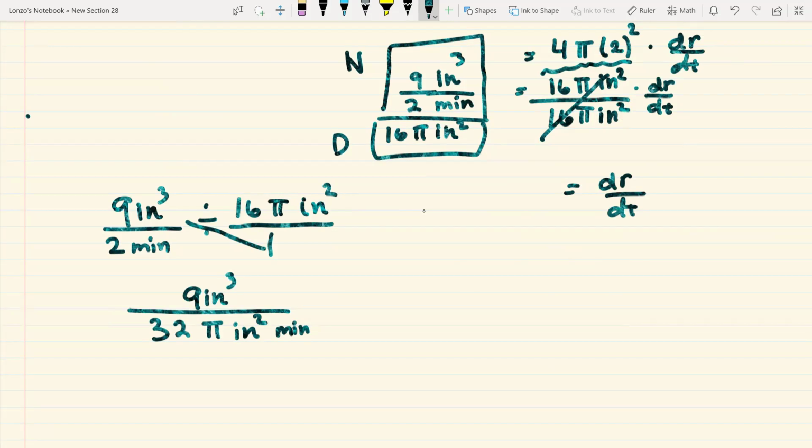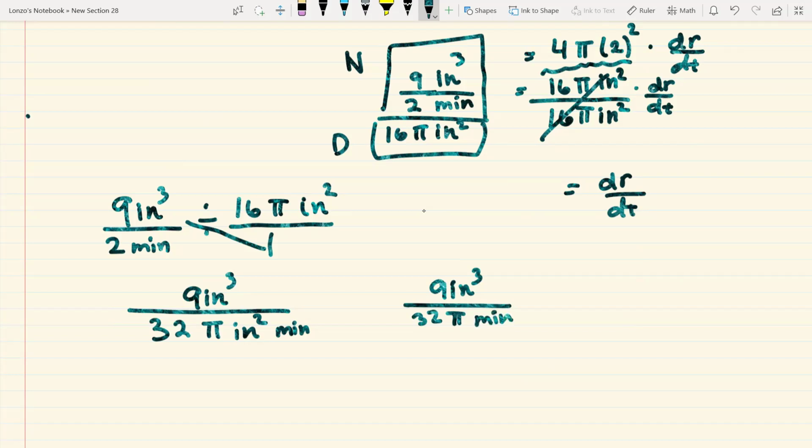Okay, so my final answer for dr/dt will be 9 inches cubed over 32 pi minutes.